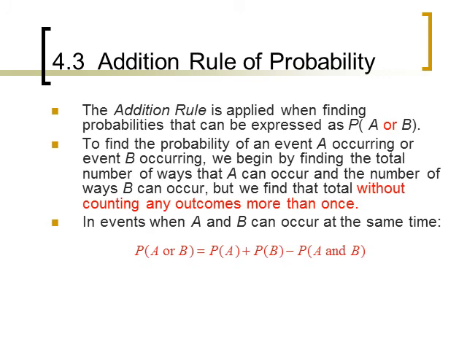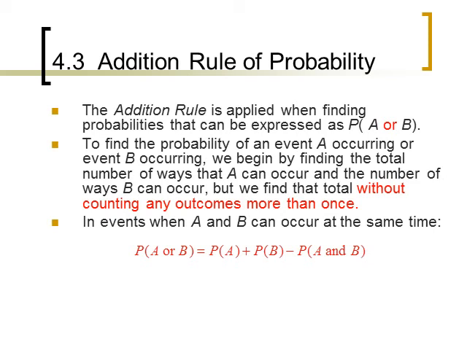In events when A and B can occur at the same time, the probability of A or B is equal to the probability of A plus the probability of B minus the overlap, or we subtract the probability of A and B happening at the same time.